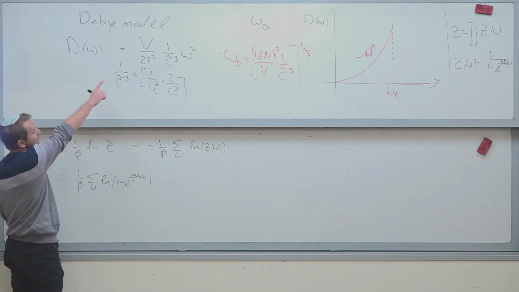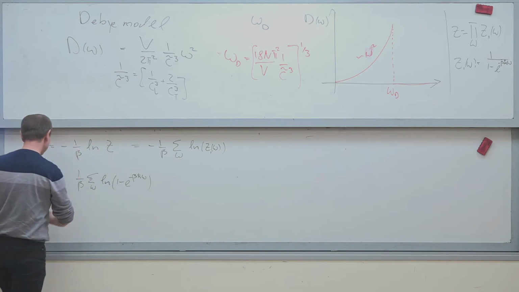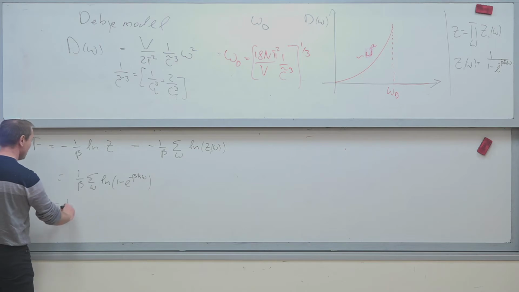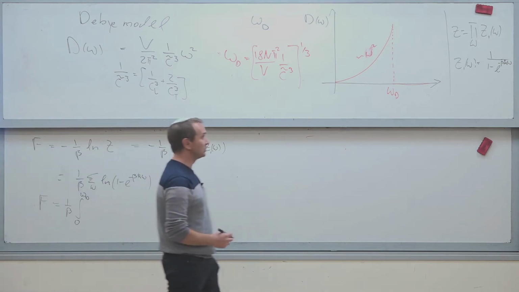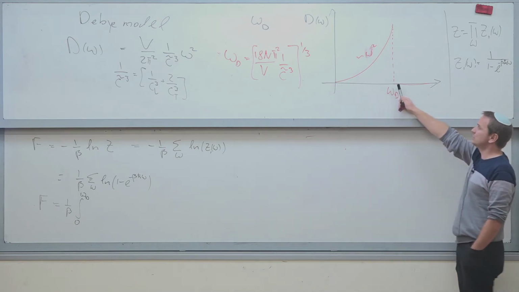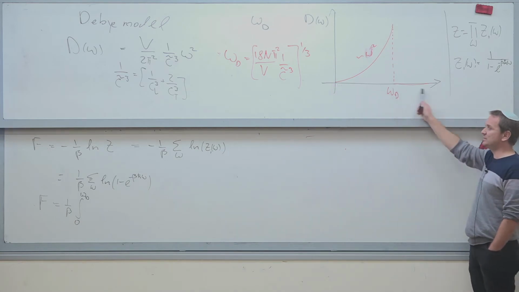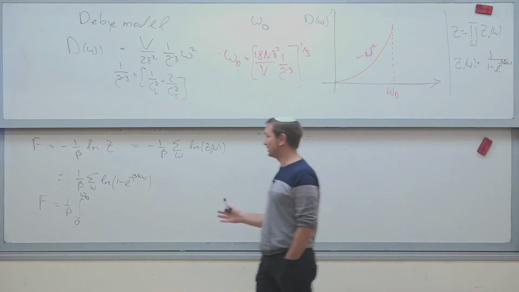And now we can take into account this D of omega over here. So the free energy is 1 over beta, an integral from 0 to omega Debye. These are the limits of our integration, because we know that D of omega starts from 0 and continues up to omega Debye and is 0 afterwards. So we don't care what happens for omegas larger than omega Debye.